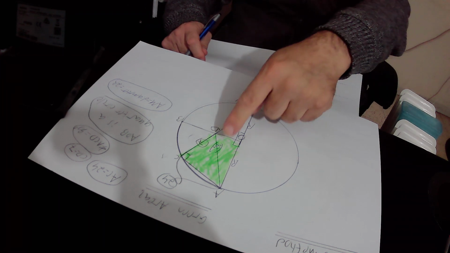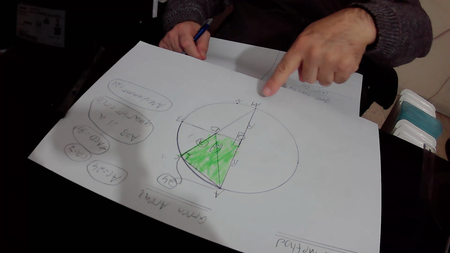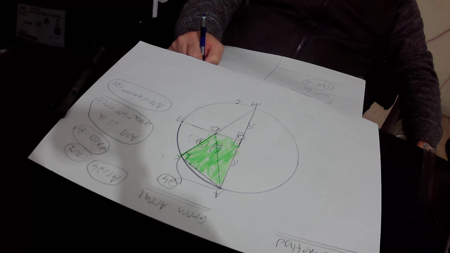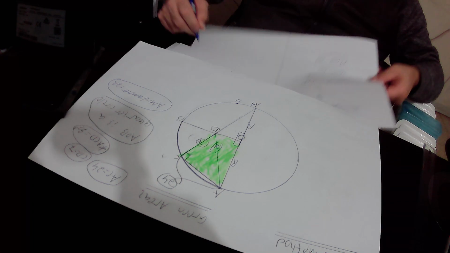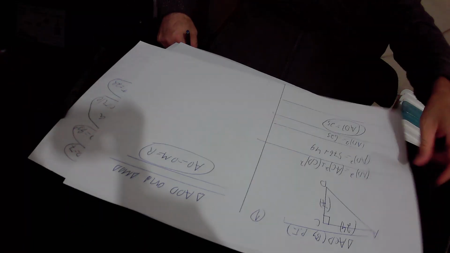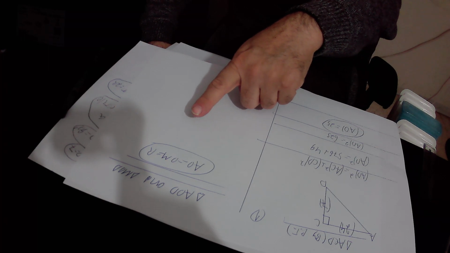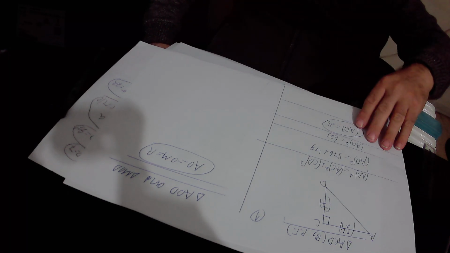Why are those two right triangles congruent to each other? First of all, AO equals OM. Side AO of the green triangle equals side OM of the white triangle. They are both the radii of the circle, therefore they are equal to each other.